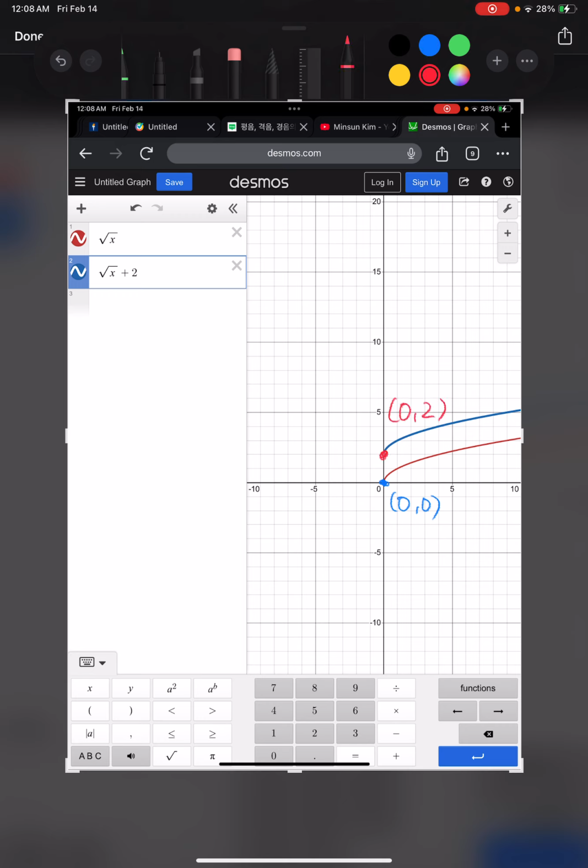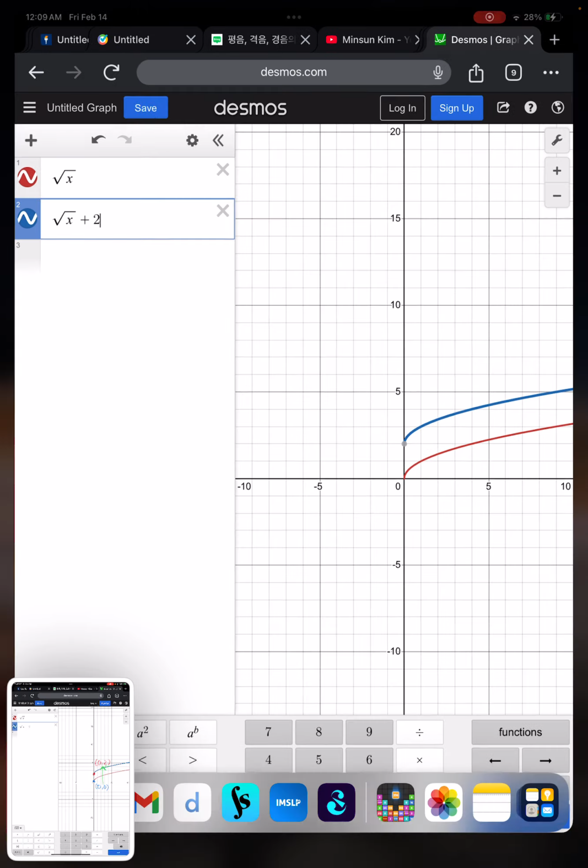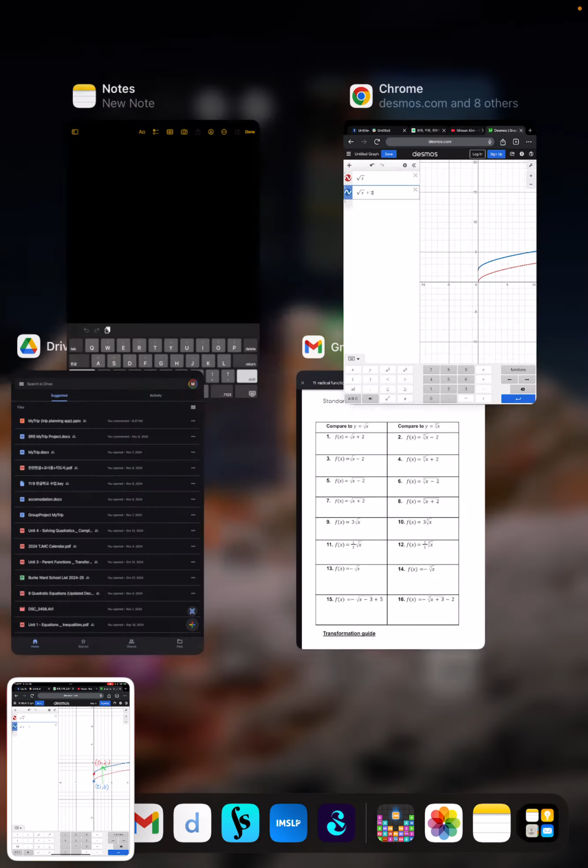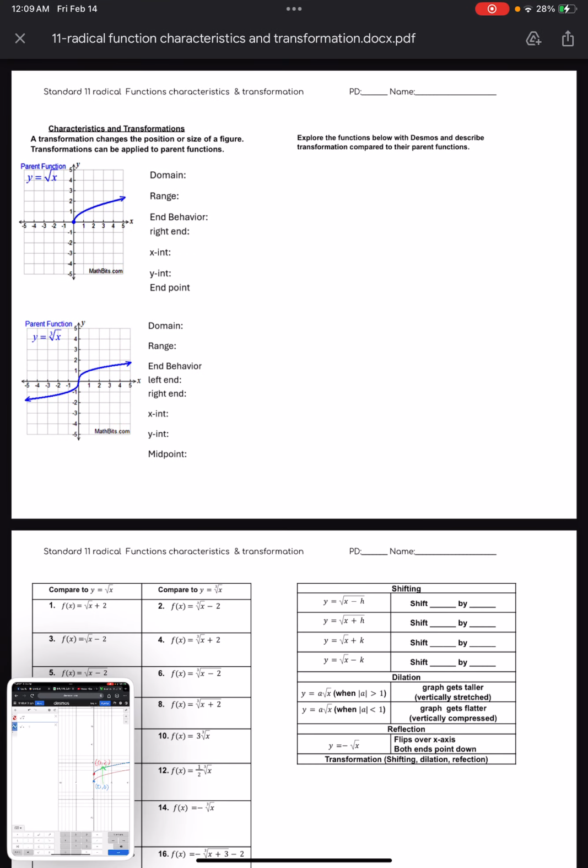I'm going to compare these two. After you transform your graph, your endpoint has gone up by 2. I'm going back to my worksheet to write down what I have seen.